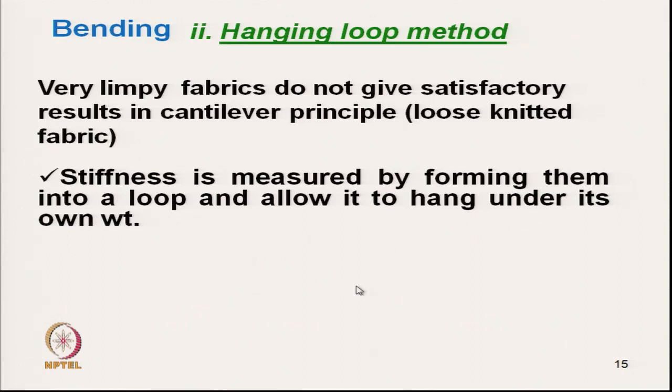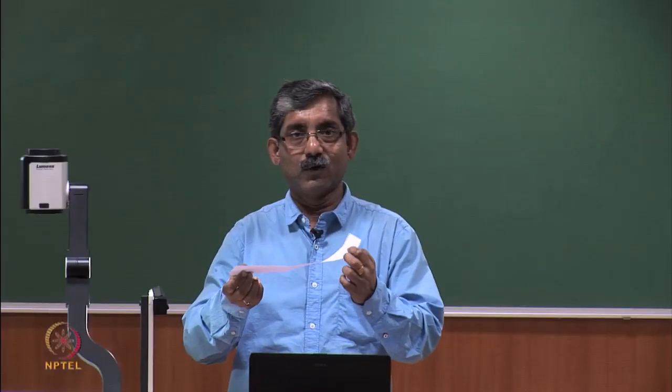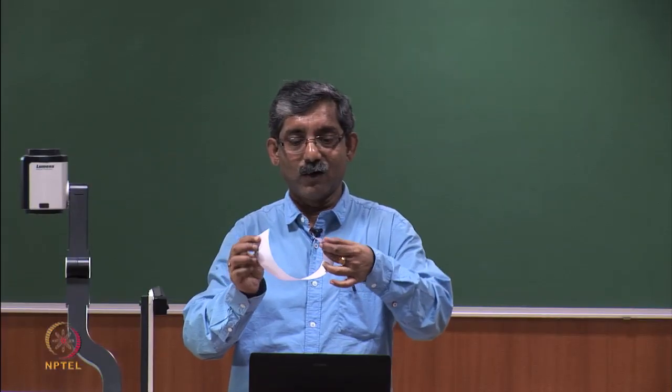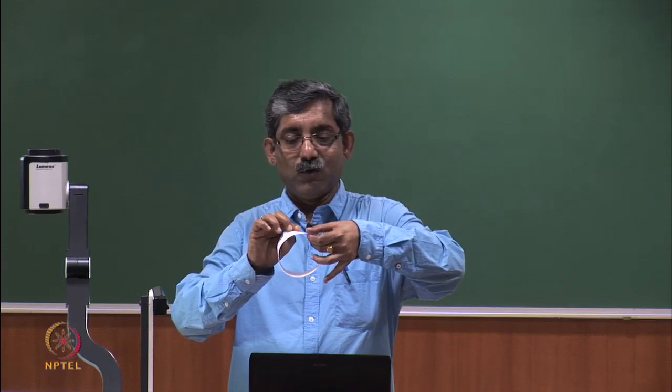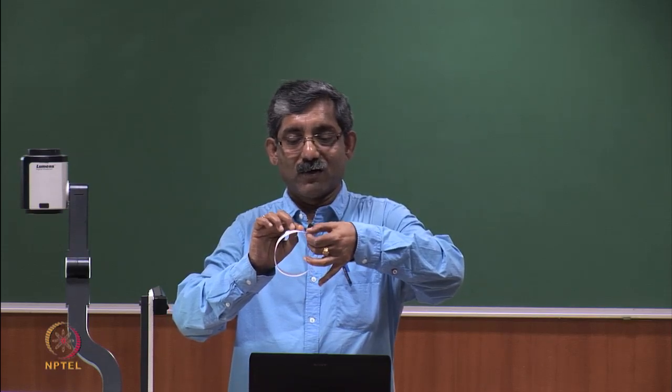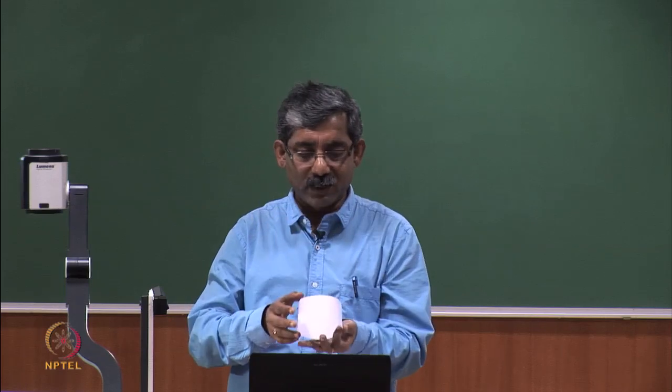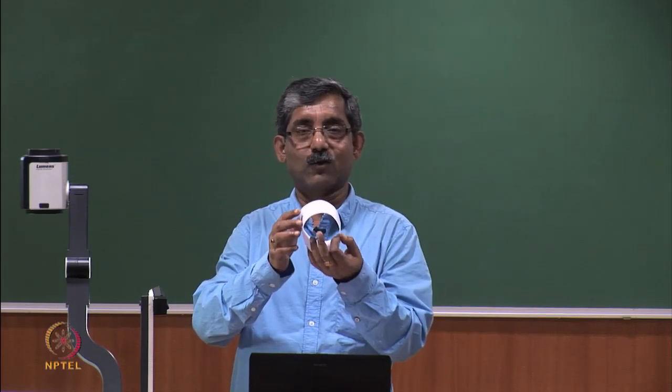its own weight. Like this is a fabric, suppose it is a very limp fabric. So, what we have to do? We have to form a loop. So, this is a loop formation. Now, without any deformation, suppose it is a circular loop.